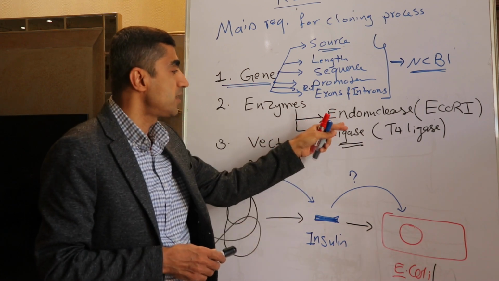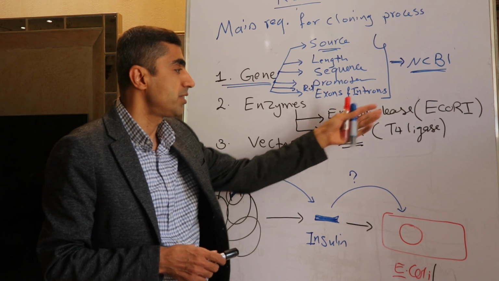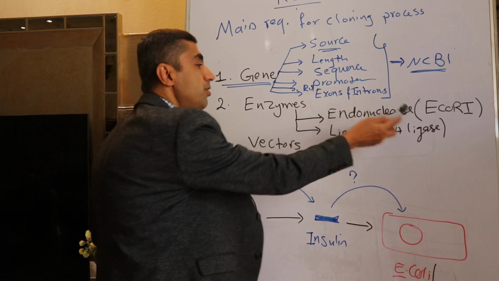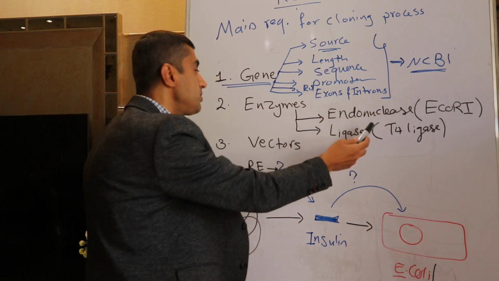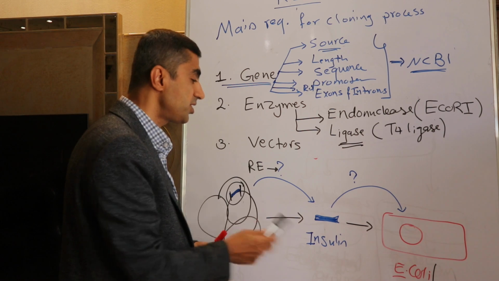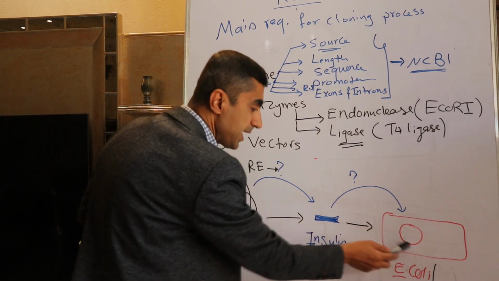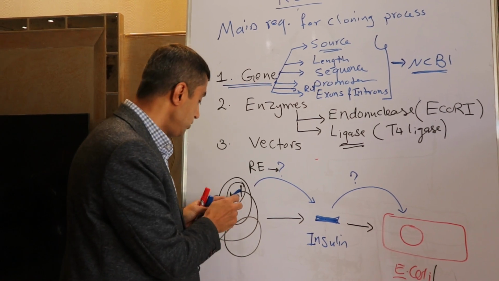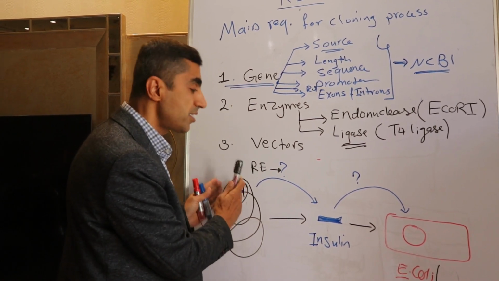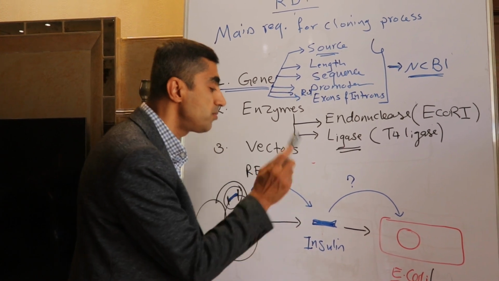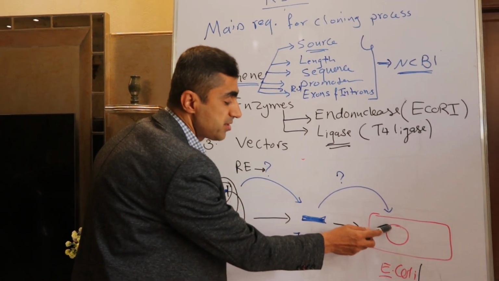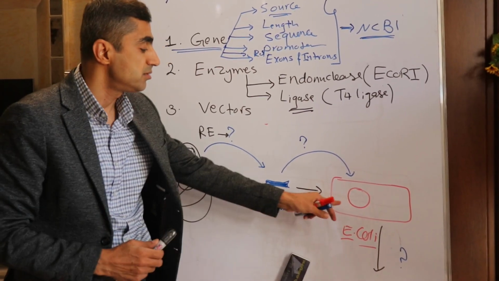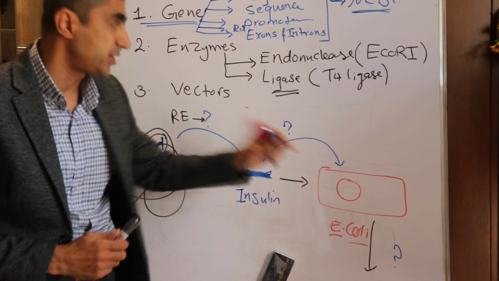As we said, endonuclease enzyme, for example, HindIII, EcoR1, EcoR2, can be used based on the restriction sites of the plasmid. The same restriction endonuclease enzyme that is used for cutting this sequence of DNA should be used for cutting the plasmid or vector.